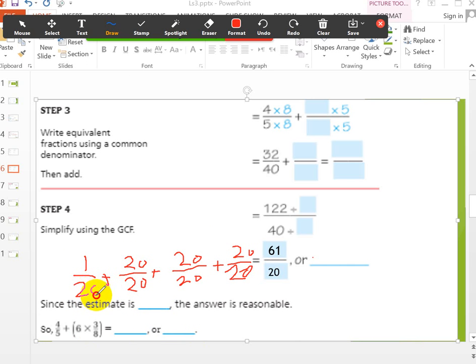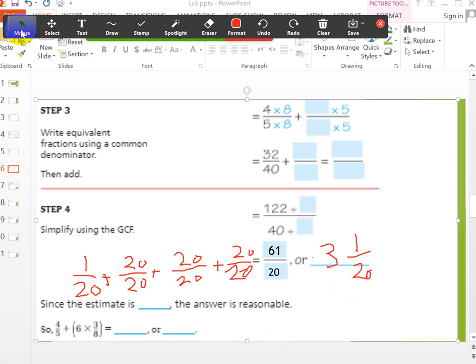So if you add those fractions, it will be 61 over 20. You have 3 wholes: 1, 2, 3. That means the number will be 3 and 1 over 20. This is the number as a mixed number. Okay?